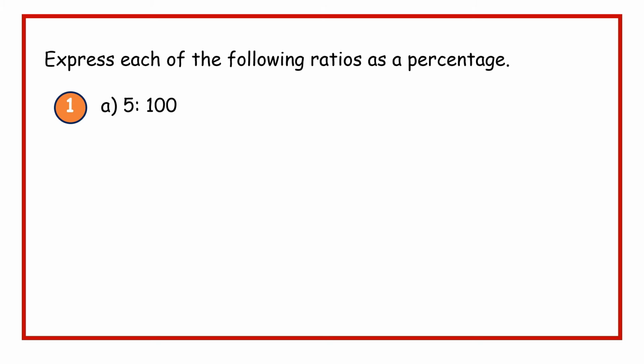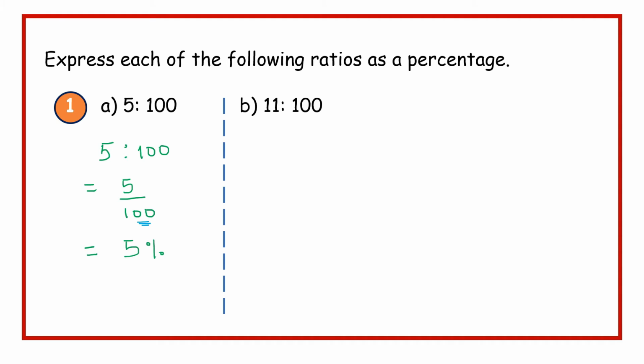So since I have got 5 to 100 as a fraction, it is 5 out of 100. And already we have seen that when we say out of 100, we mean percent. So this means that this is 5%, because the denominator is 100. Okay?